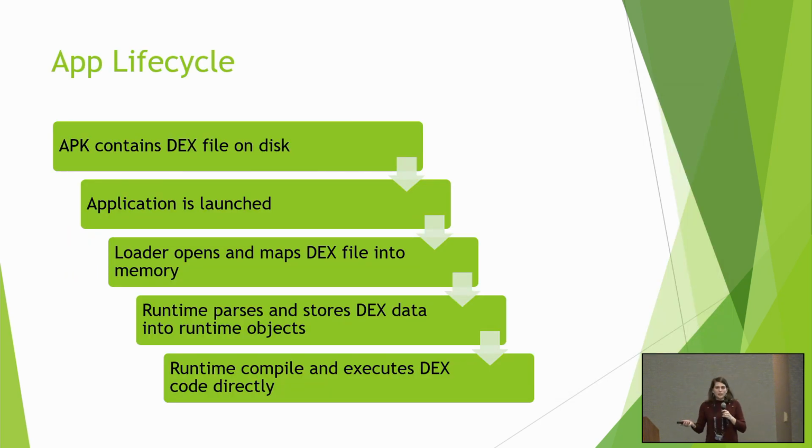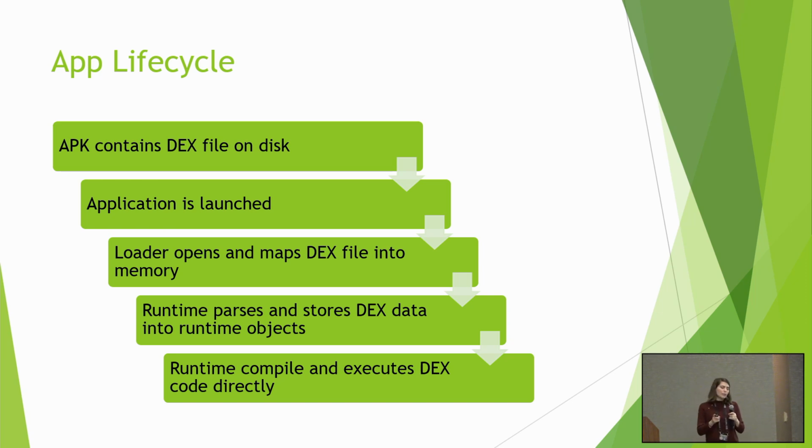Some background on the class loading process so you can understand exactly which portion we're intercepting. This is the very high-level application lifecycle for an Android app once the user decides to run it. You have your APK, which is your Android package. That's your application that's on disk. That contains your executable code, the dex file.